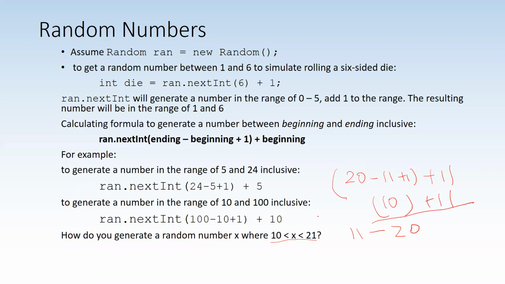If you have a nextInt of 10, plus 11, this will give you a value between 0 to 9, right? And you add 11 to it, that would be 11 to 20. That's correct, right? Okay. So this is how you generate random numbers within a certain range.